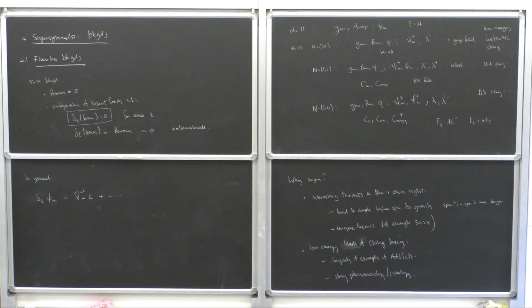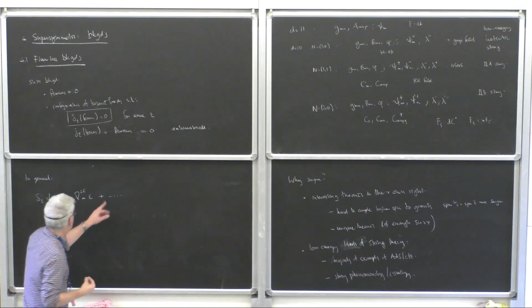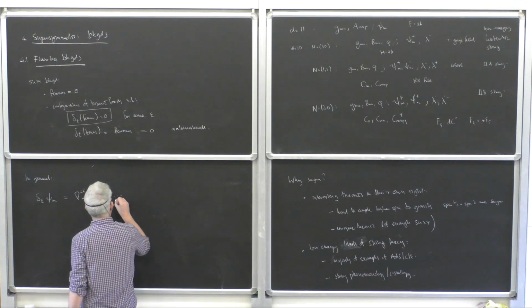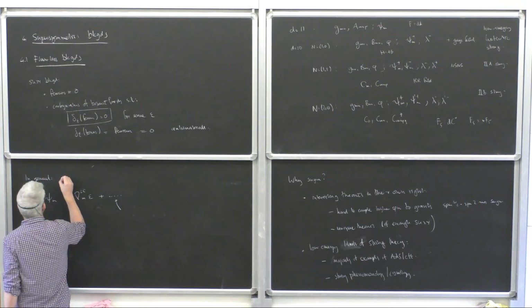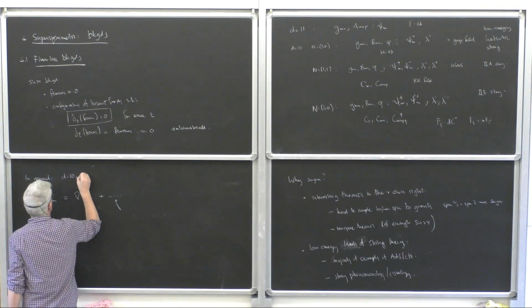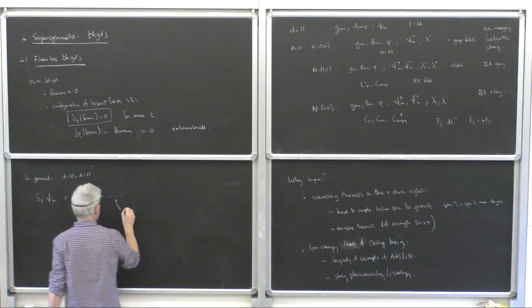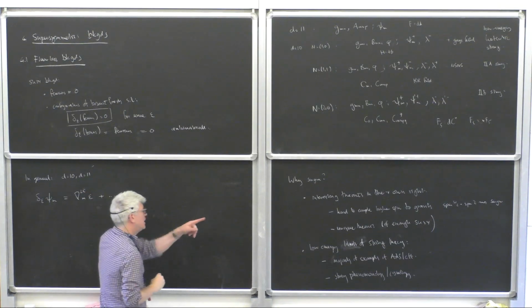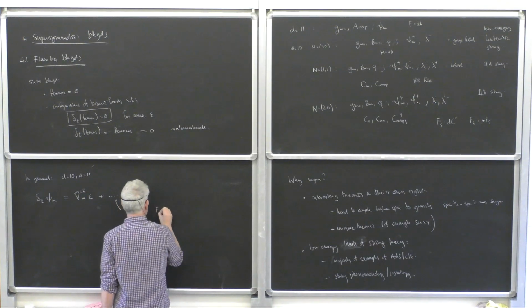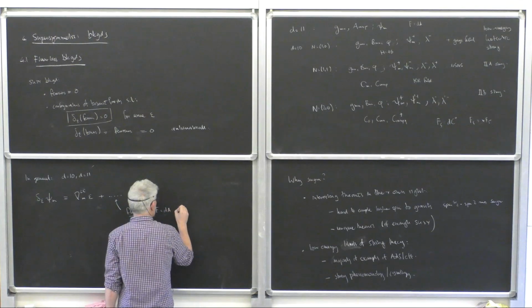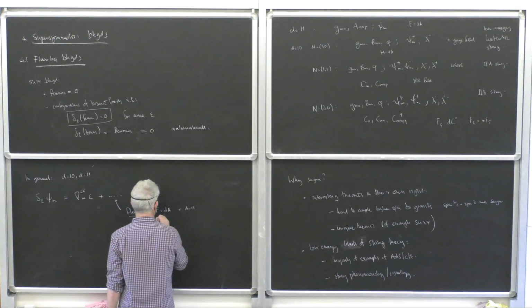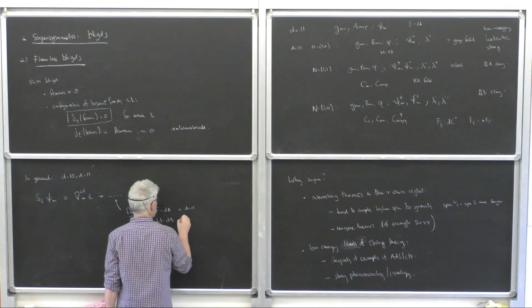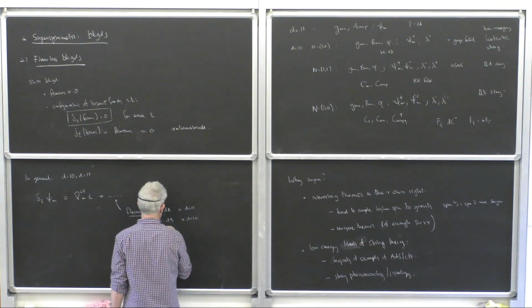I wrote down some of these variations before. In general, if we're doing, say, d equals 10 or d equals 11, the things that appear there are fluxes. By that, I mean things like F is dA in d equals 11, or H is dB in d equals 10, etc.